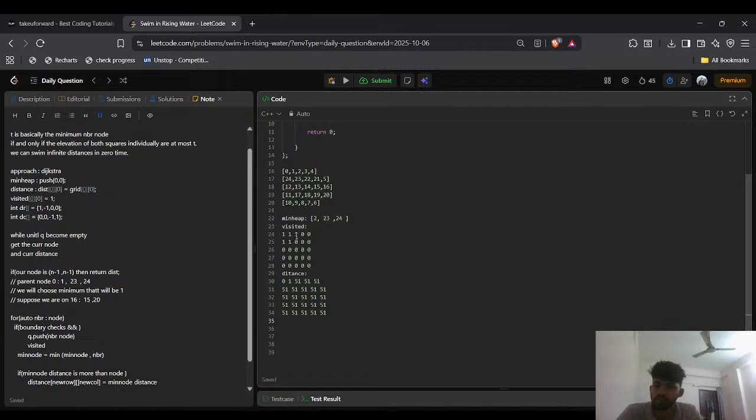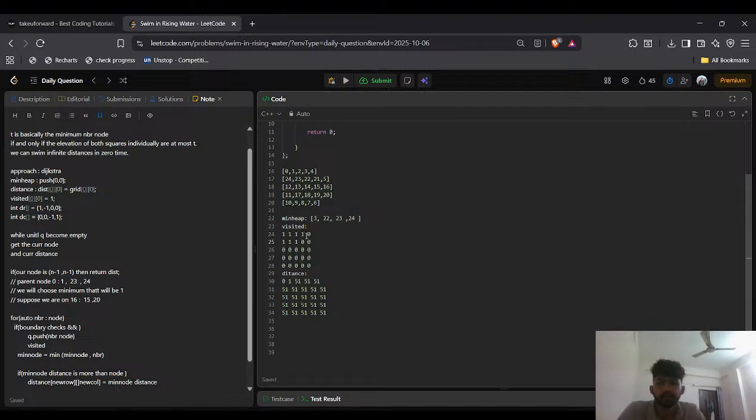And we will try to explore its neighbors, which are 1, 2, 3. Actually, we take out this node. This will be like this, like this. This will become 1.